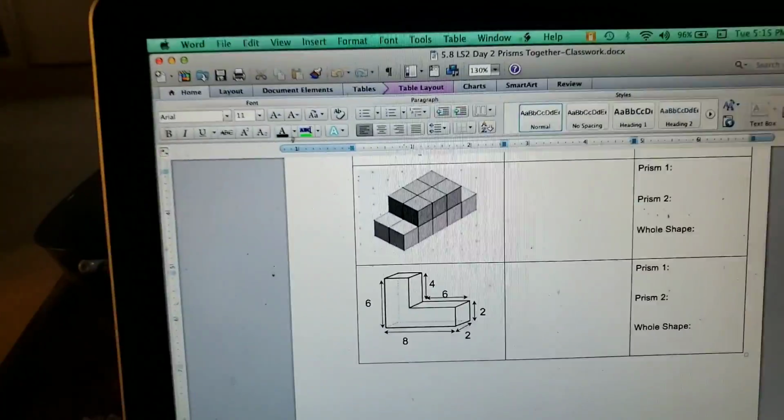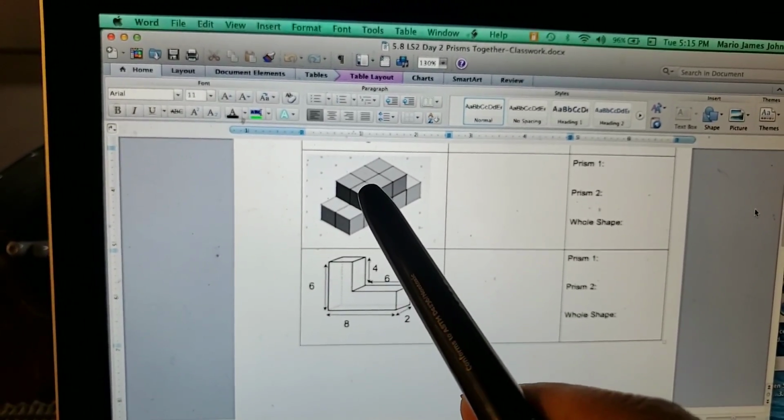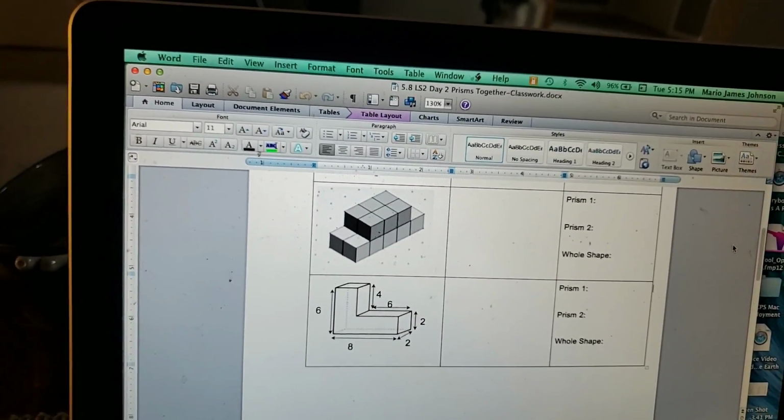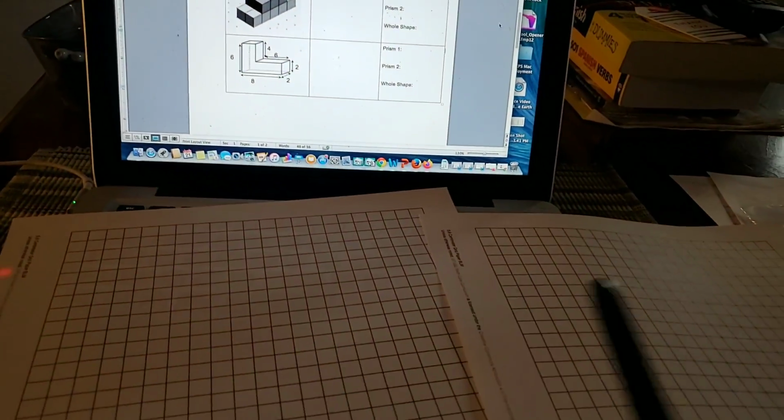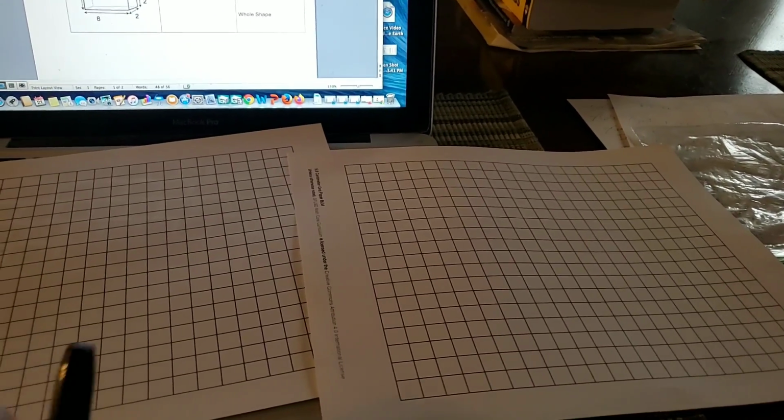You can do something very similar here. So once again, if you have difficulties figuring out what the volume is, take both objects, draw each of them on here, cut them out, put them together, and that will help you figure out what the volume is.